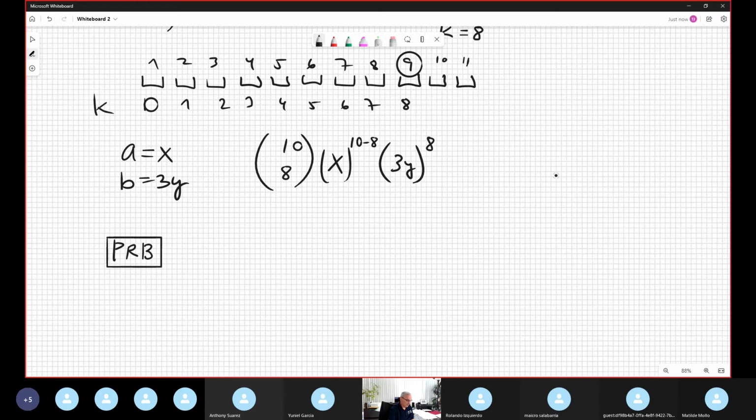When you press this PRB, you see something like that in the display. Let me try to do my best. NPR, NCR, and factorial. Do you see that? Yes. Okay, now you move the arrow key to navigate inside this menu until you select this.